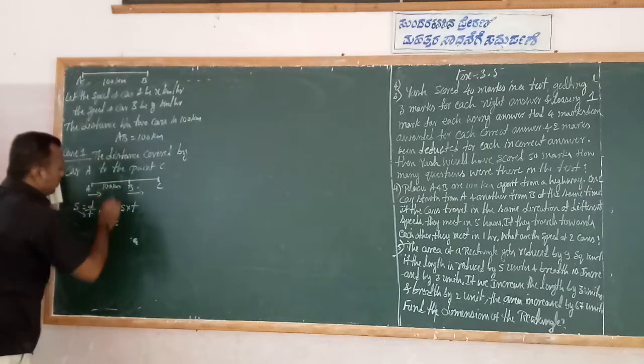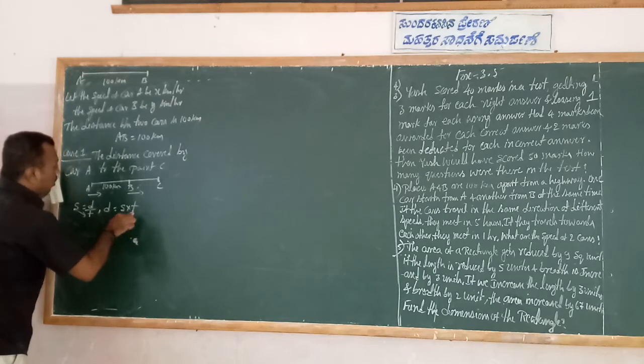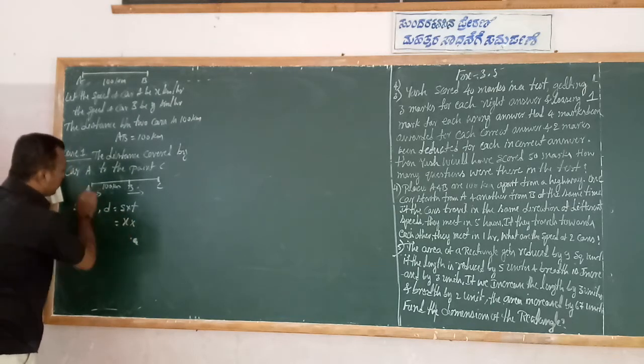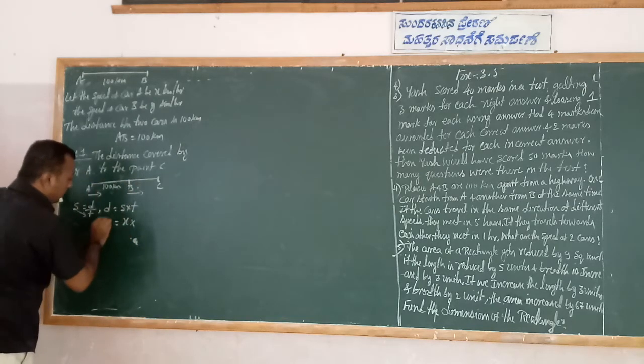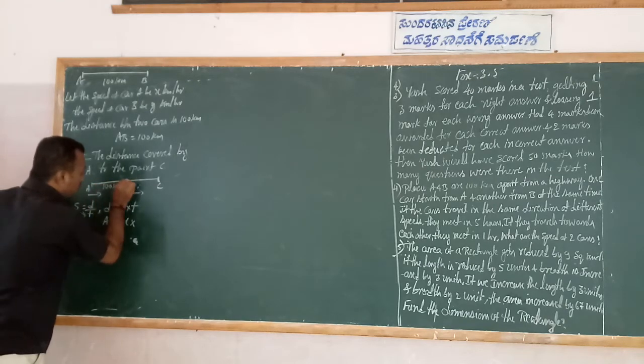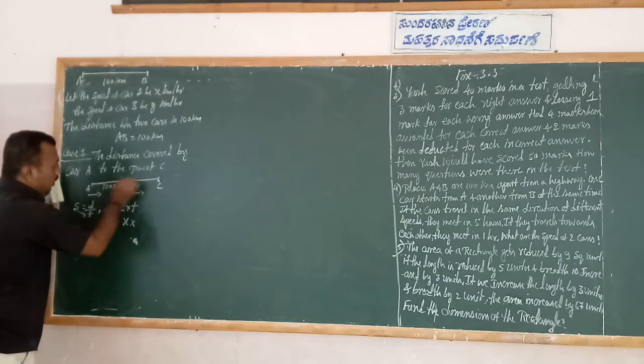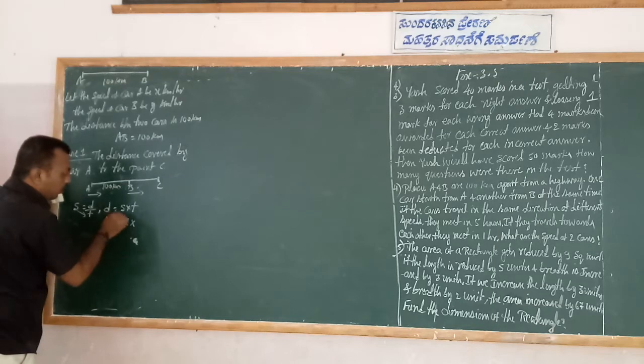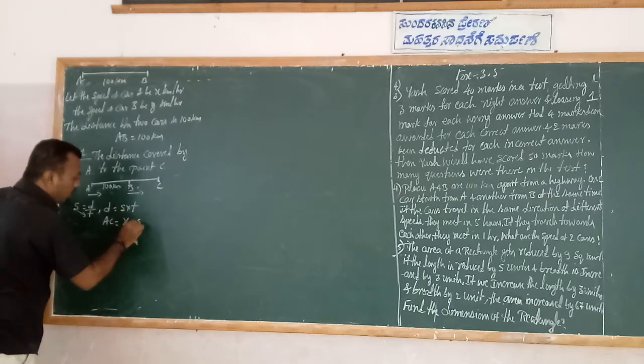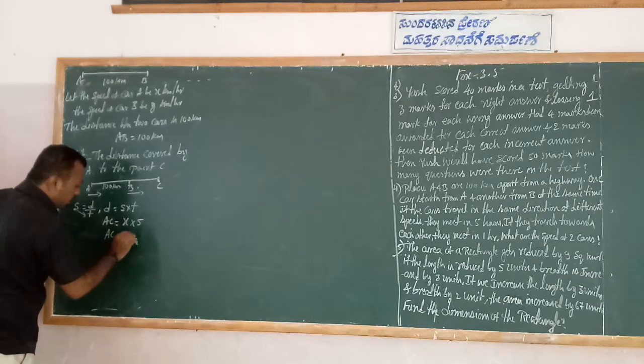Speed of the car A is x kilometer per hour and time is 5 hours. The distance car A travels is AC. So AC is equal to S times T, means x times 5 hours. Therefore AC is equal to 5x.